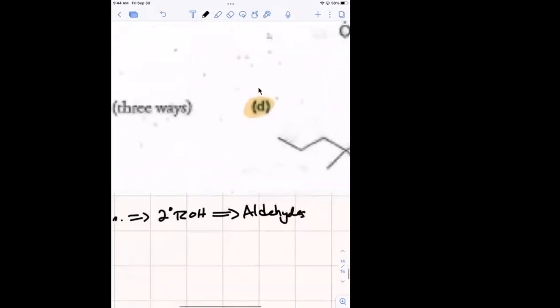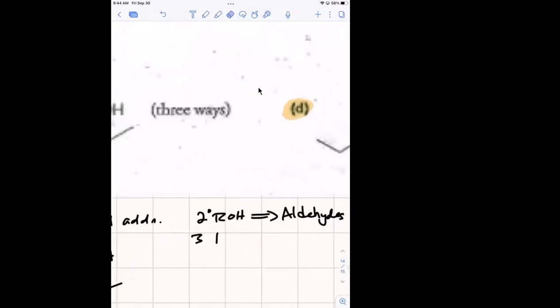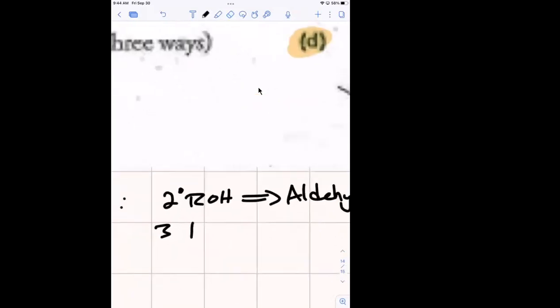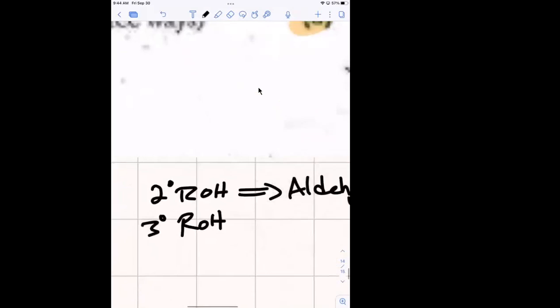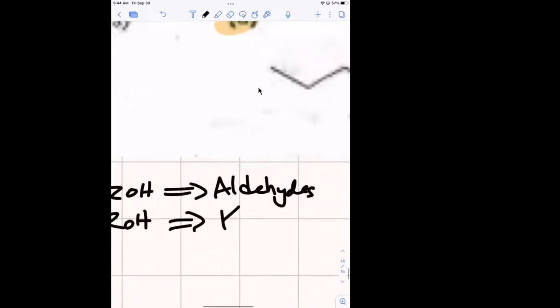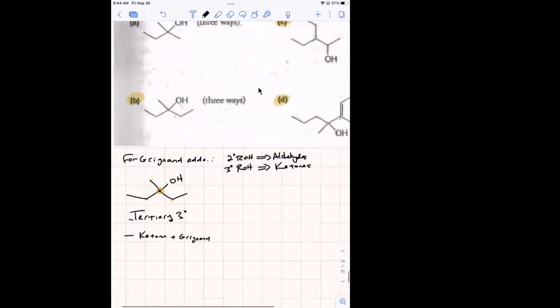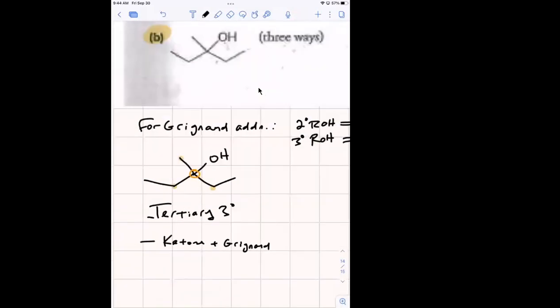So for Grignard addition, secondary alcohols come from aldehydes, and then tertiary alcohols come from ketones. So if you have a tertiary alcohol, we know that the starting material is going to be a ketone and a Grignard together.